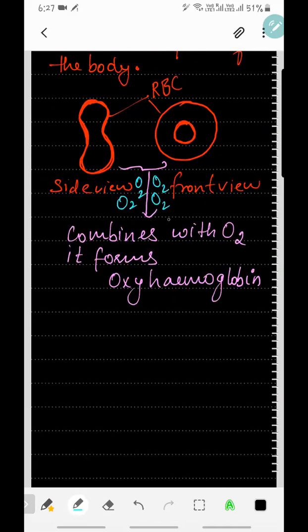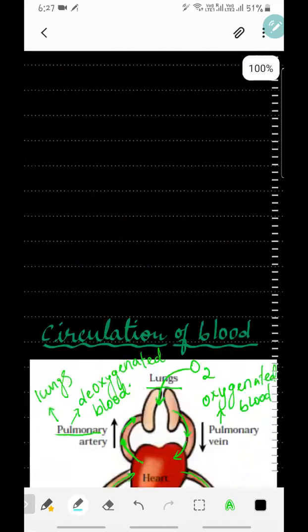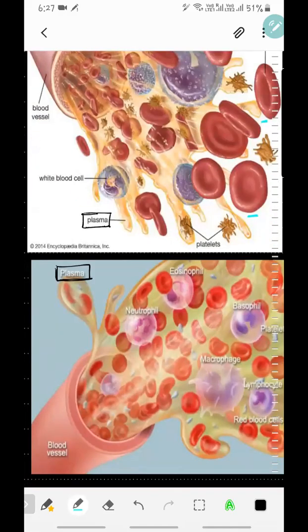So now see here in the picture. You can see this is the front view and this is the side view. You see in this picture how it looks, dumbbell shape, like Alpen chocolate, have you seen? This is the side view.